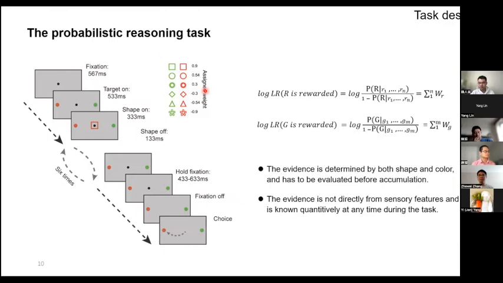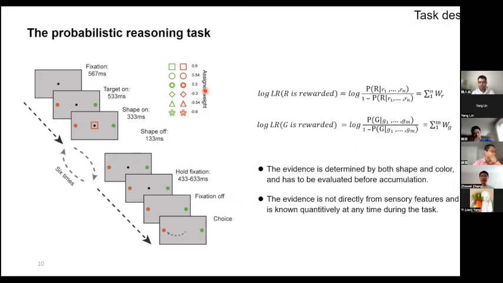And then the momentary evidence has to be evaluated based on shape, color, weight, even the target configuration before the evidence accumulation process. So it will allow us to study the sensory evidence transformation process.